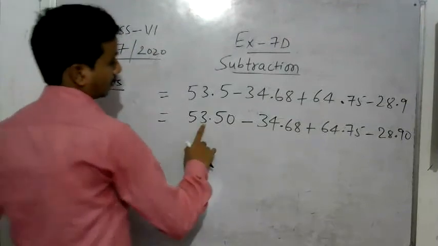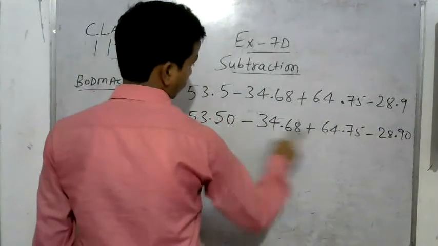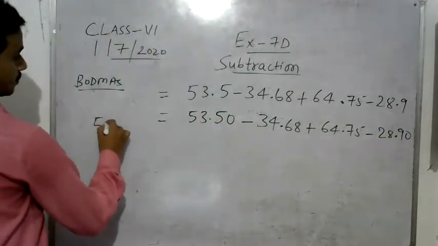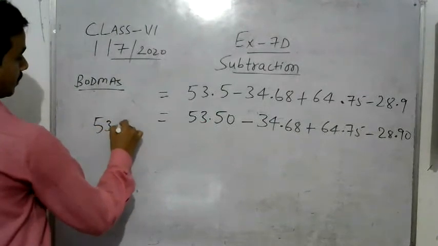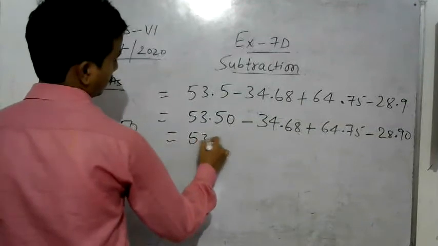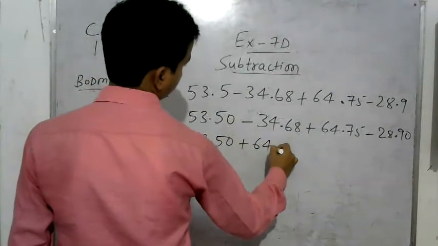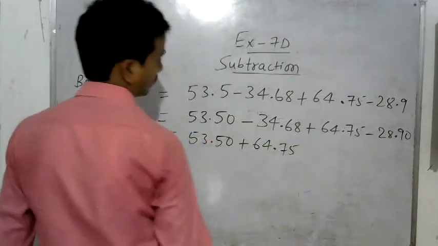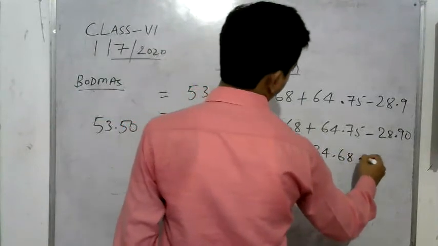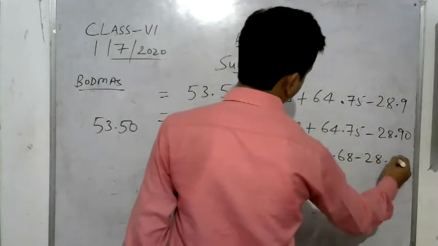So see which are plus. We have to add 53.50 plus 64.75, minus 34.68 and minus 28.90.